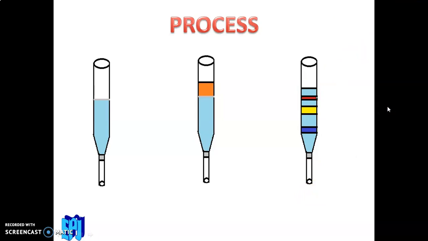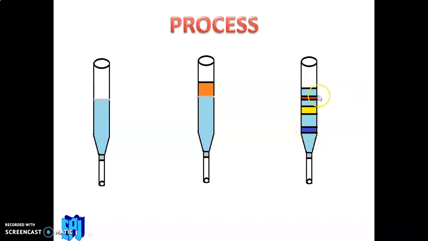But we know that the components have different adsorption coefficients, which means they differ in adsorption ability. You can see that this is one component, this is the second component, this is the third component.